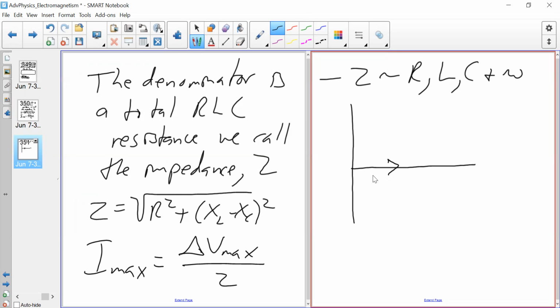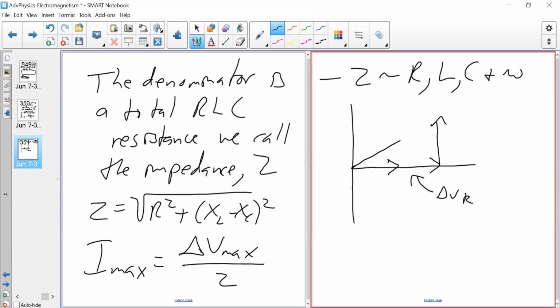So we have I max, which is equal to 0 for the resistor circuit, just in this orientation. And then we have delta VR. And we have already seen that in the Y direction, the total of the voltages is going to be VL minus VC. And since VL is greater than VC, it's going to be positive.